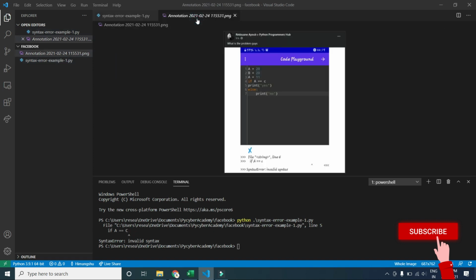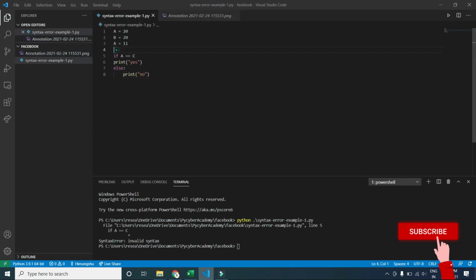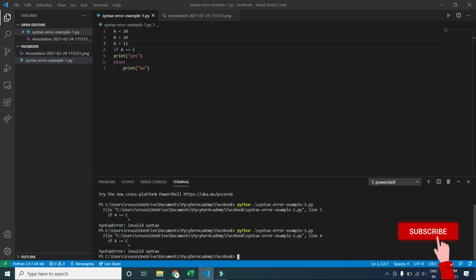It shows at line number 4, and in my mind it's line number 5 because of this new line. If I remove this new line, it will be on line number 4.